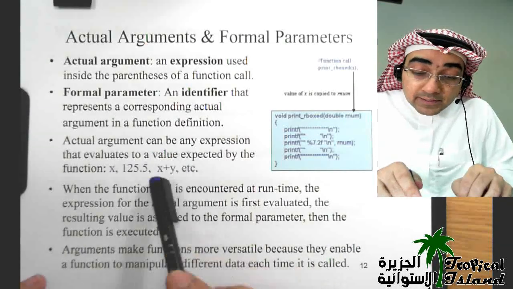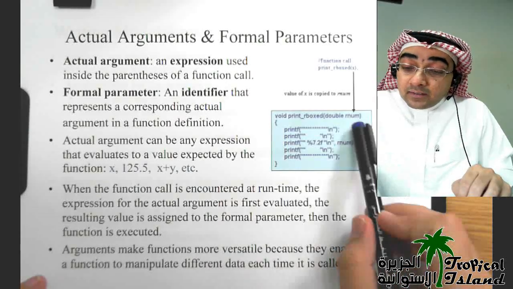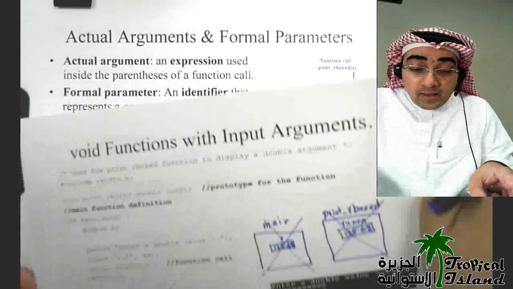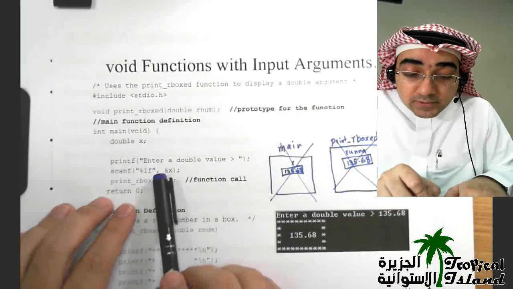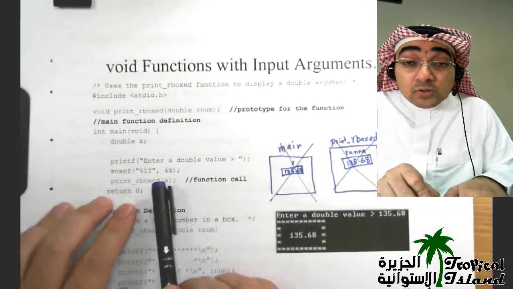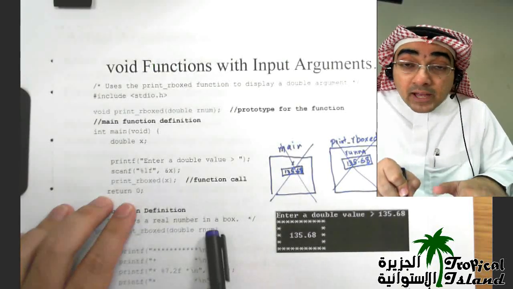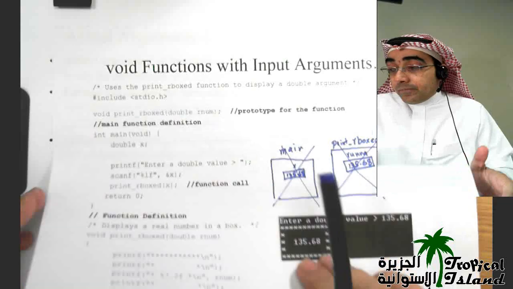So if we come back to our example and say rbox of x plus 5, you evaluate x plus 5 first, and then pass the value of x plus 5 to rnum.